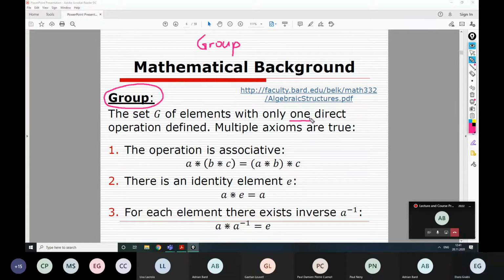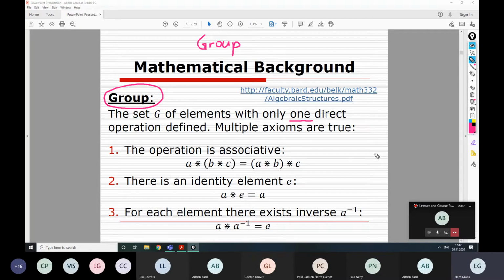So only one operation is defined, no inverse operations, yes, and multiple axioms are true for this case. So if all of these three points are true and the set of elements is complete, meaning that we cannot get any numbers outside of this set by adding them together.